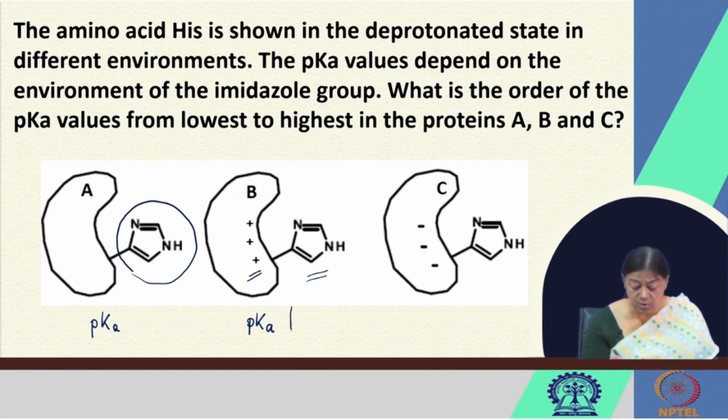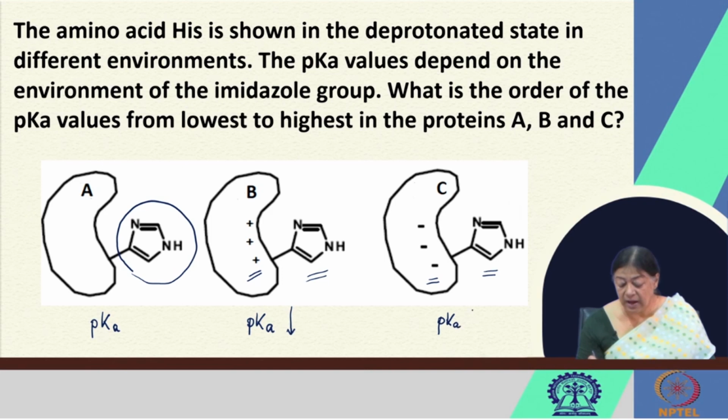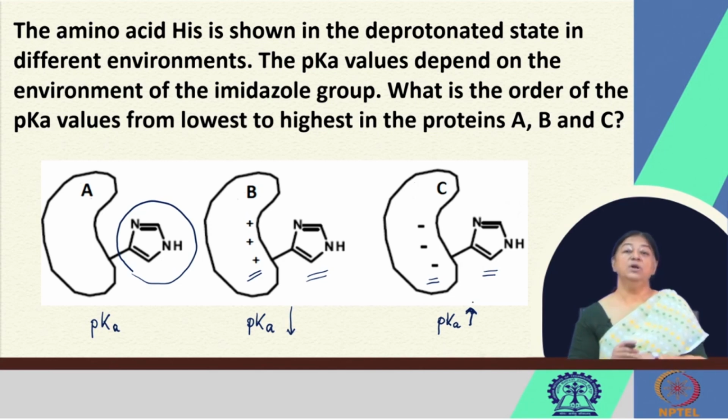So, it lowers the pKa value. When we have a negative environment, a positive charge would help, because we want to go for neutrality. So, what will happen there? It will lose its proton at a higher value of pKa. So, now we can order these depending upon the environment that the imidazole group is in.